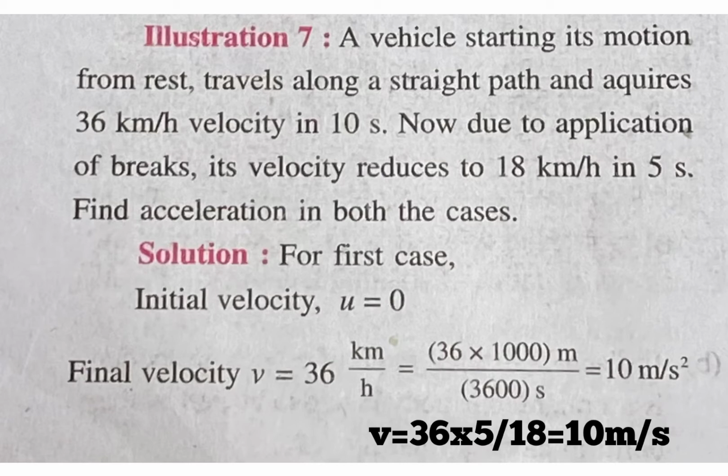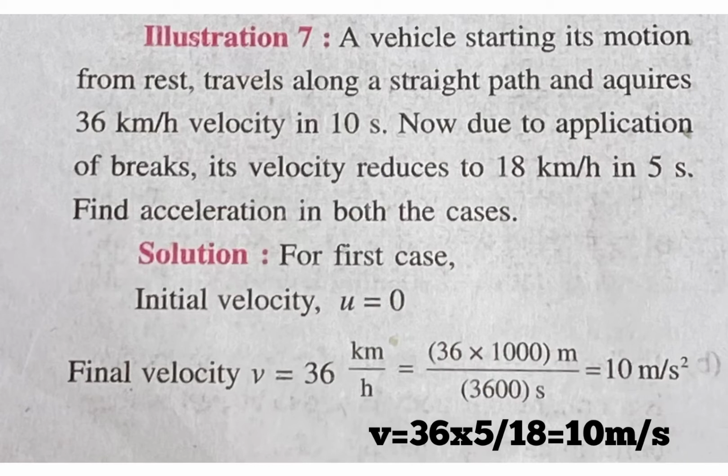Now due to application of brakes, its velocity reduces to 18 km per hour. So now brakes are applied and its velocity is reducing to 18 km per hour. So during this, what was the initial velocity? 36 km per hour.